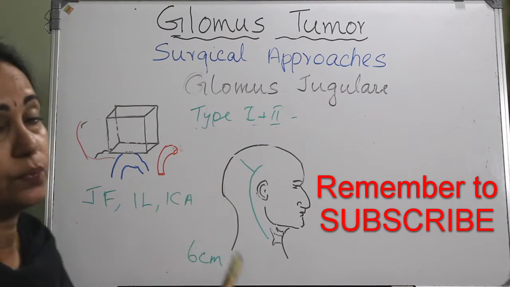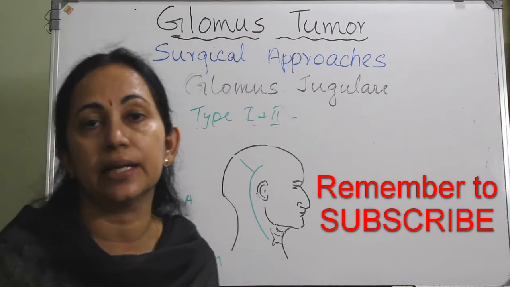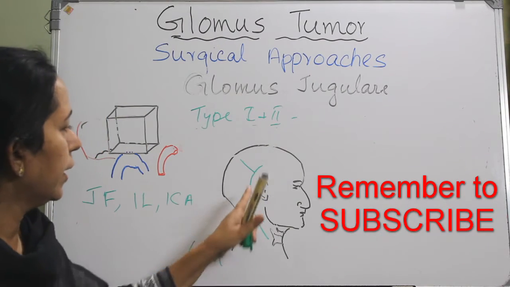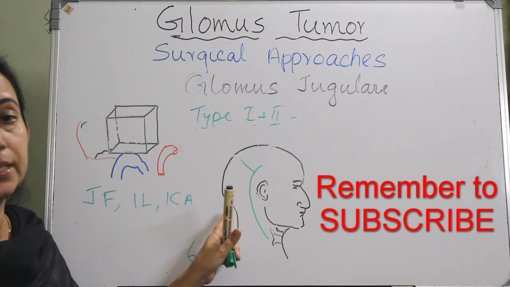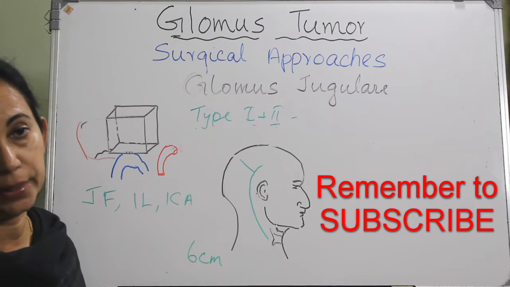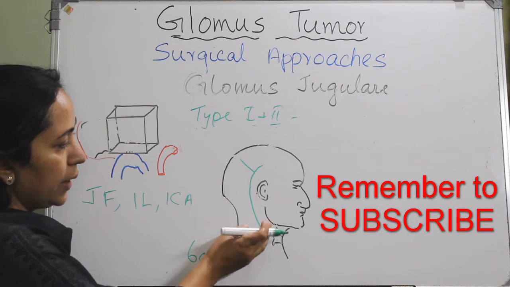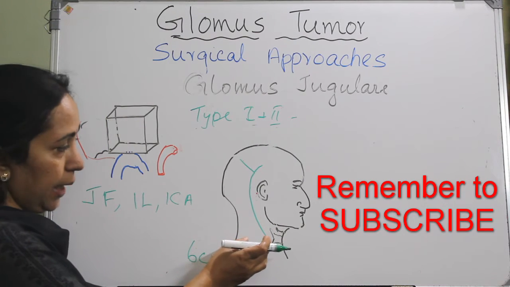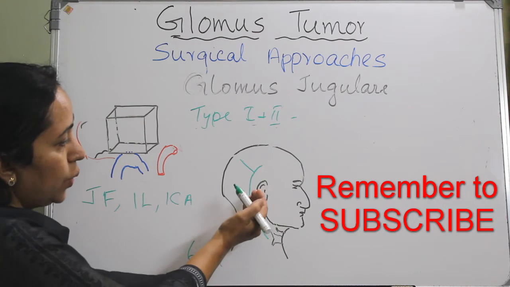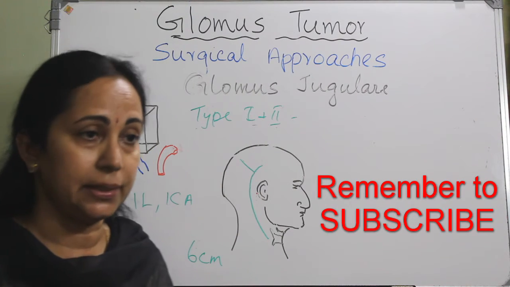This incision is for easy harvest of temporalis fascia if we need any reconstruction, so that we can expose the structures in the neck, and also get adequate exposure of the mastoid.